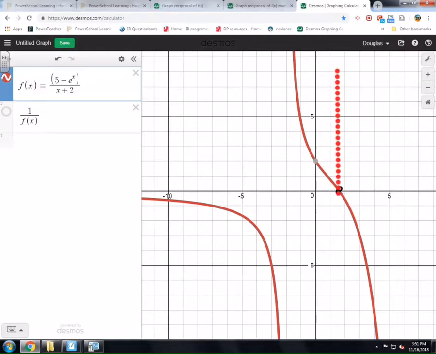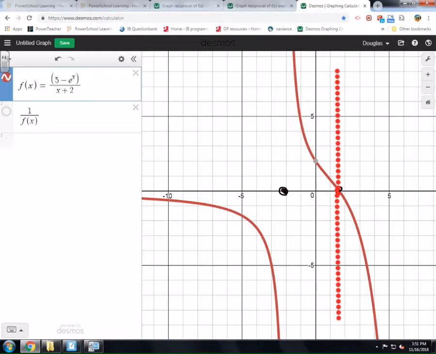So here, nice vertical asymptote. Now, I notice that there's an asymptote here when x equals -2. If my function was asymptotic at -2, then its reciprocal is going to be 0. So I have an x-intercept guaranteed.